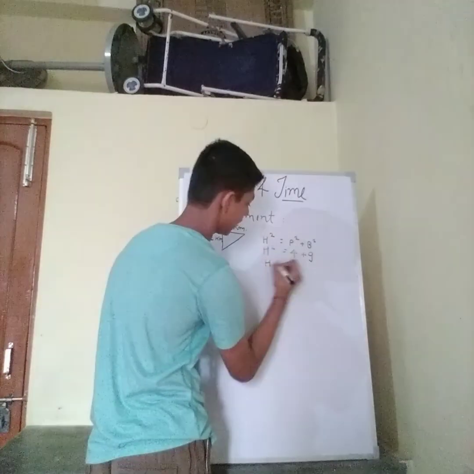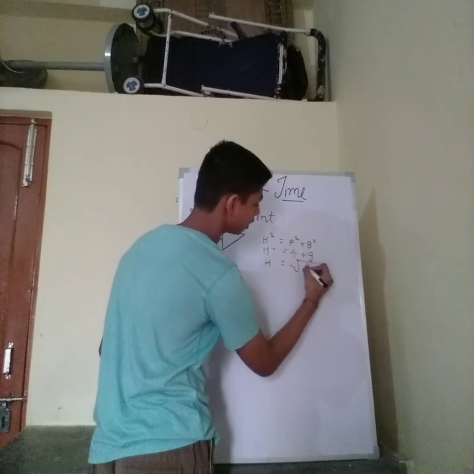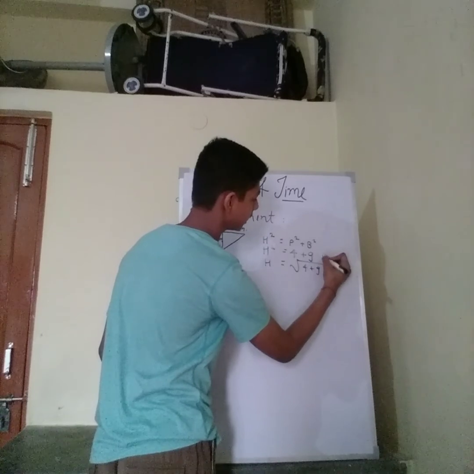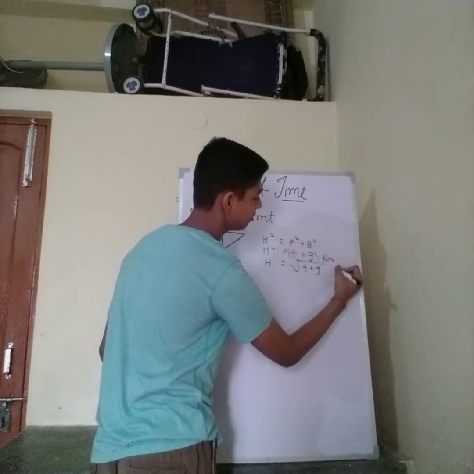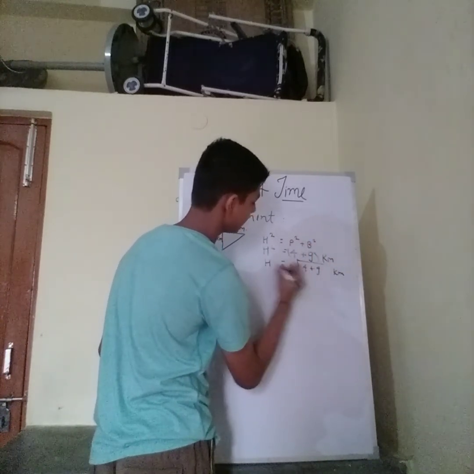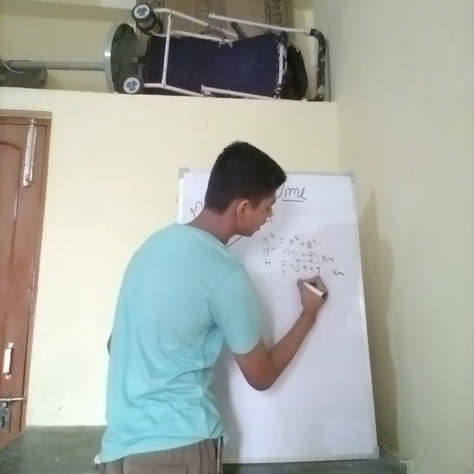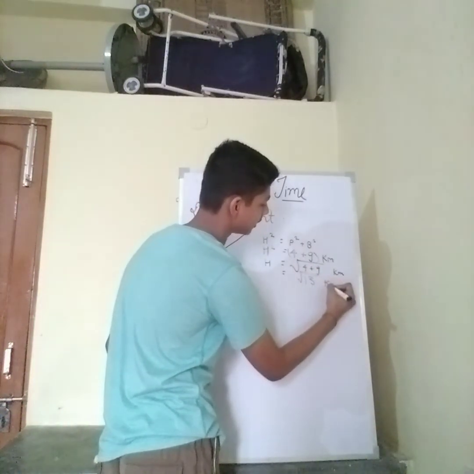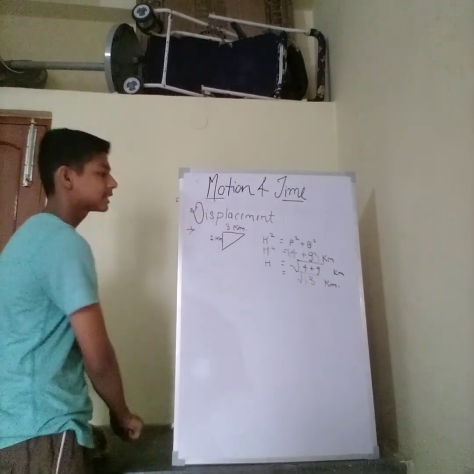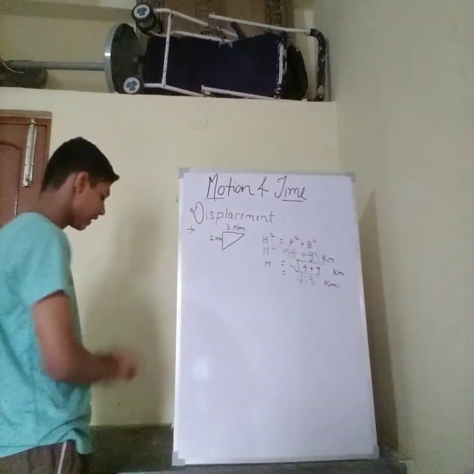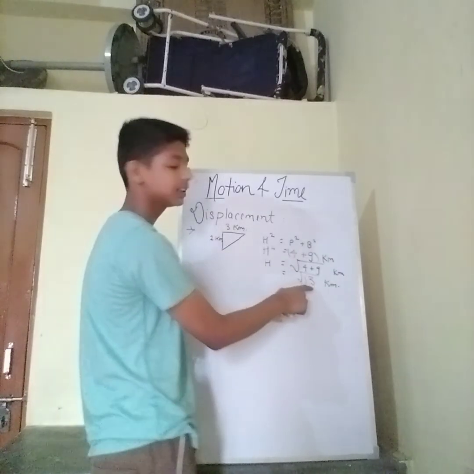Then H is equal to root 4 plus 9, in kilometers. The value of the hypotenuse has come root 13 kilometers. Both our answers are the same, which means it is right, and the length of this hypotenuse is root 13 kilometers.